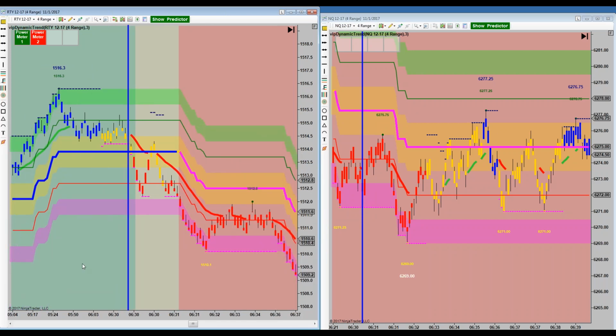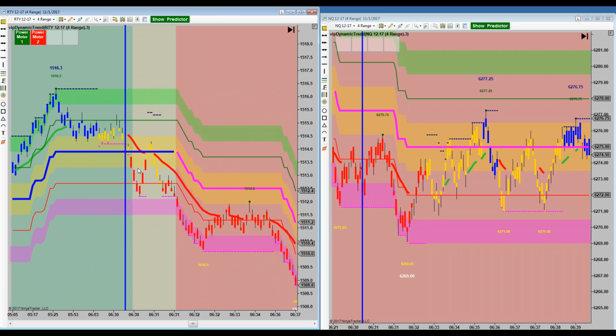So at 6:38, 6:39 on the Russell, within 8 to 9 minutes of the open, the Russell had done this. It had come down, kissed the midband, come up just shy of the midband, and then gives you another nice short.